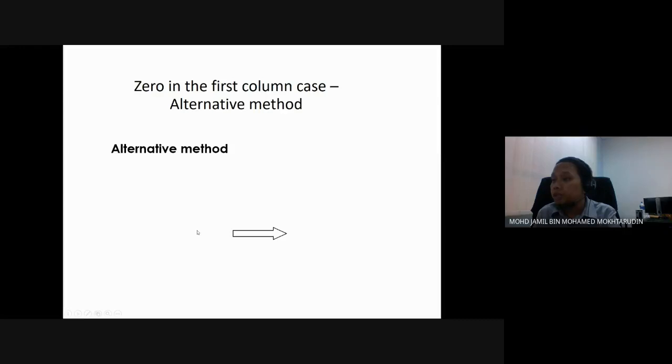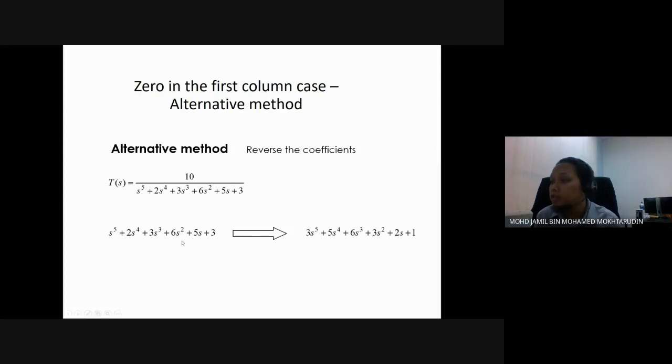So the alternative method basically is that you reverse the coefficients of the denominator. So here is your transfer function earlier. If you know that this transfer function will produce 0 in the first column, then you reverse the coefficients. So here, s to the power 5, the coefficient 1, we replace with coefficient 3.